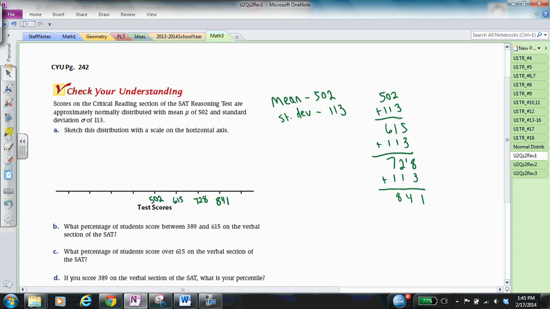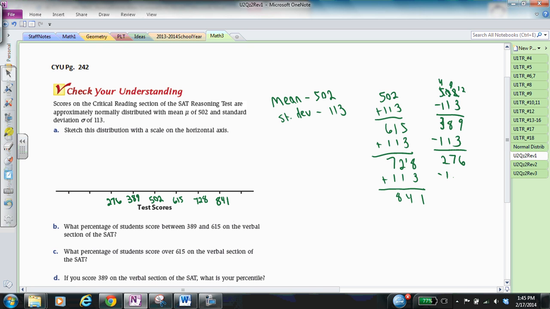Now on the other side we go in the same direction, but we subtract: 502 minus 113. That's going to be 389. So this guy here is 389. 389 minus 113, that's going to be 276.